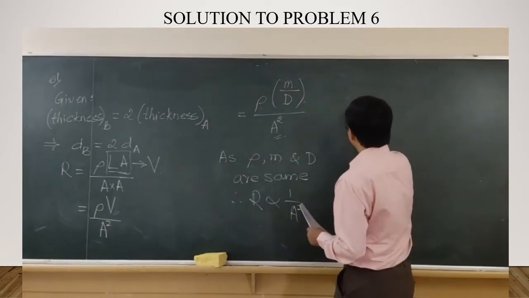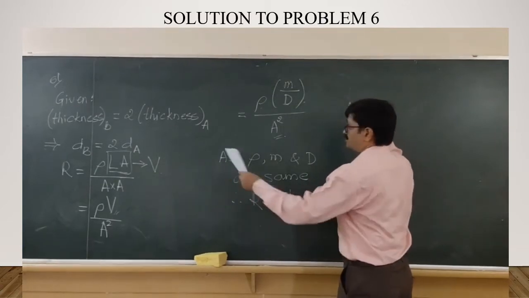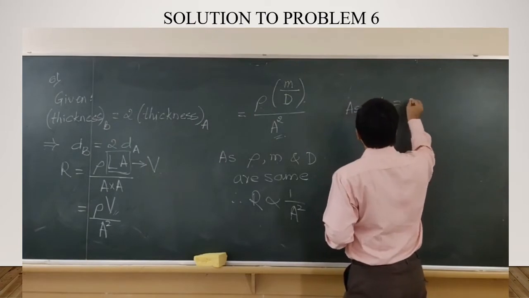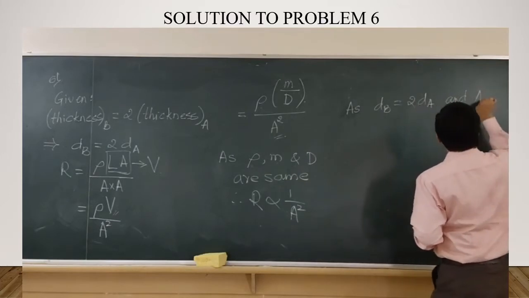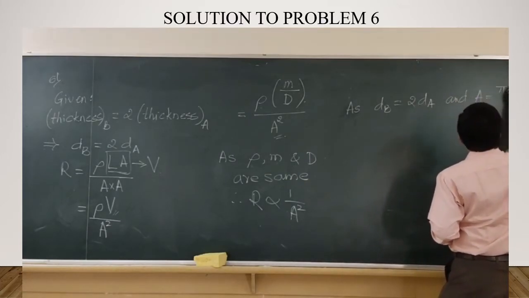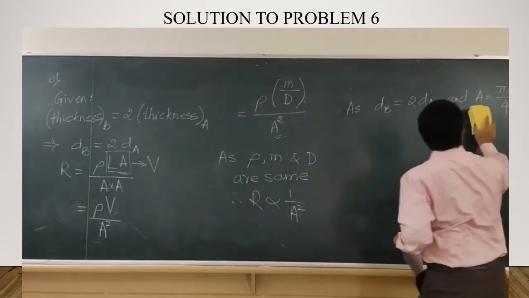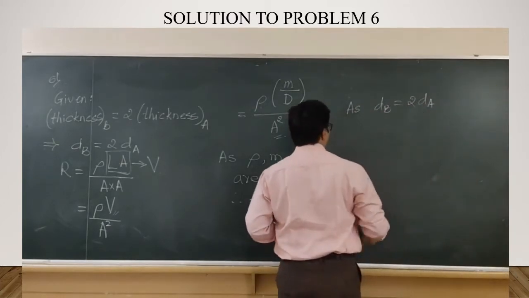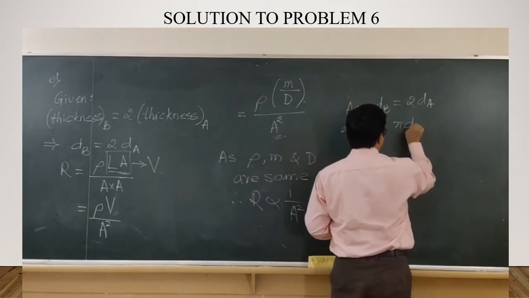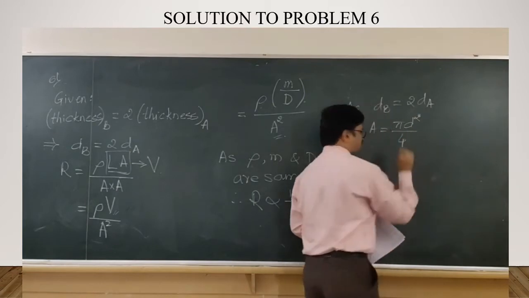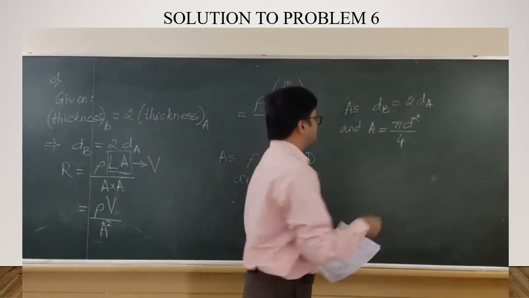Okay, so therefore we will say diameter of B is 2 times the diameter of A, and area is equal to pi d square by 4. Pi r square formula, in that you can write r is equal to d by 2 whole square, which is what? Pi d square by 4.